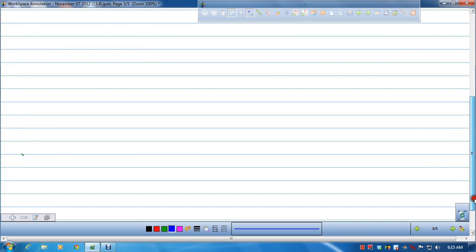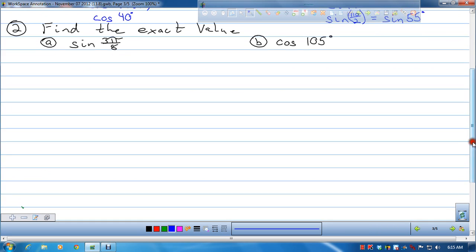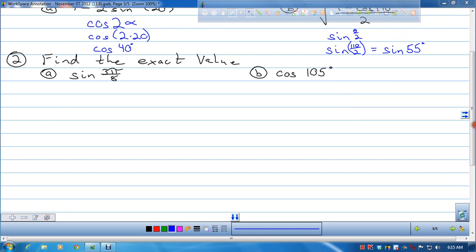So, as we have said before, this is about recognizing the patterns. Let's go ahead and plug these into patterns and see what we can get. So, we want to find the sine of 3 pi over 8. I should recognize right away that 3 pi over 8 isn't on the unit circle.